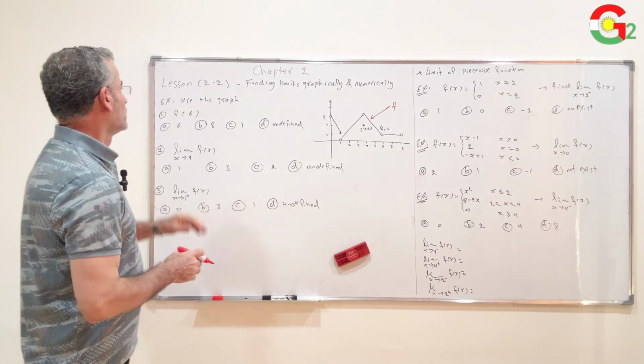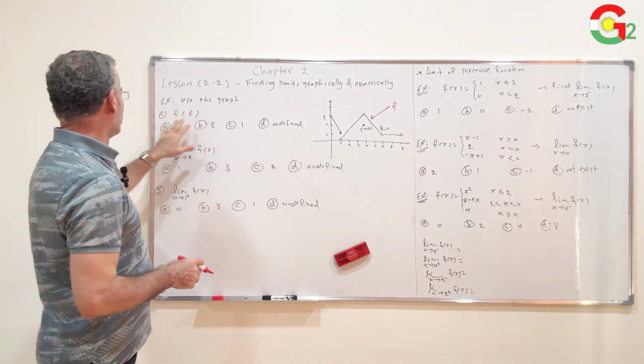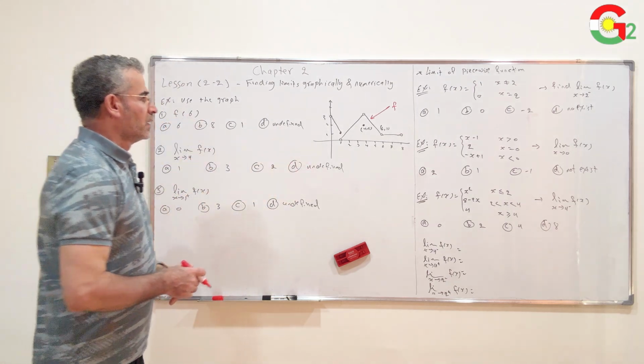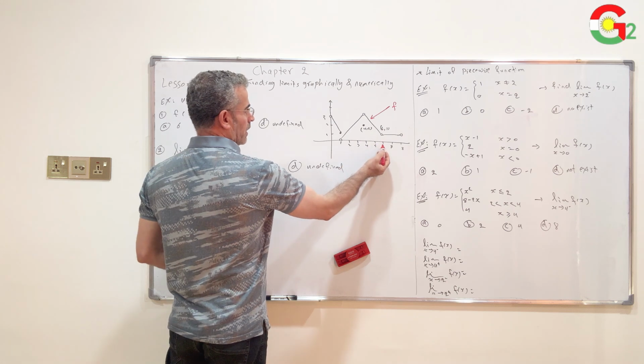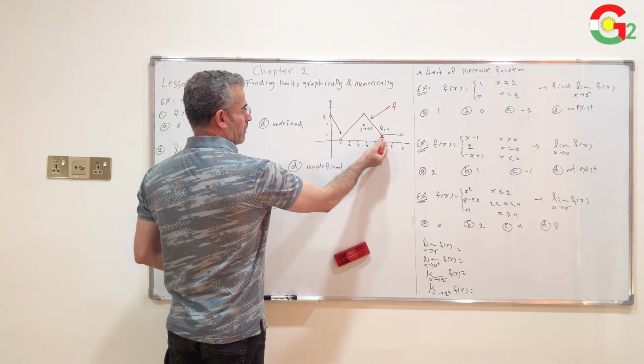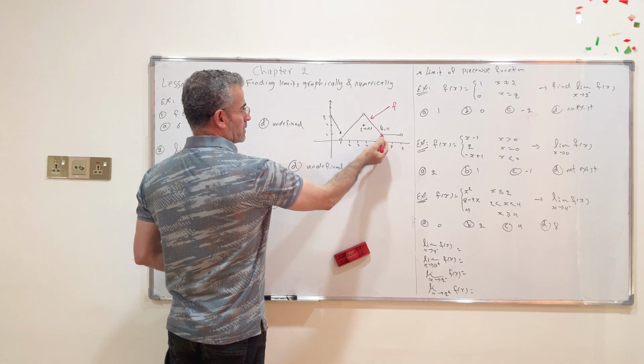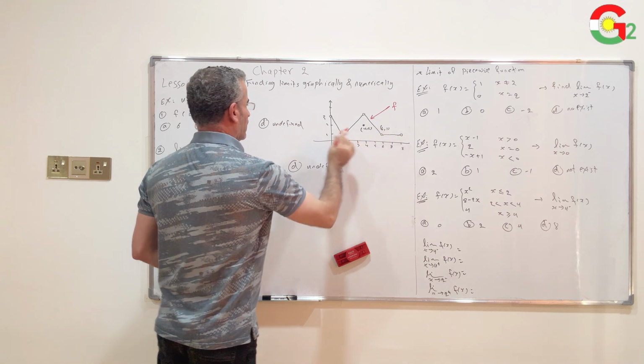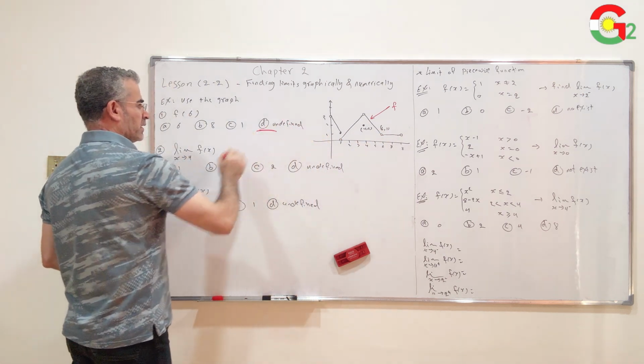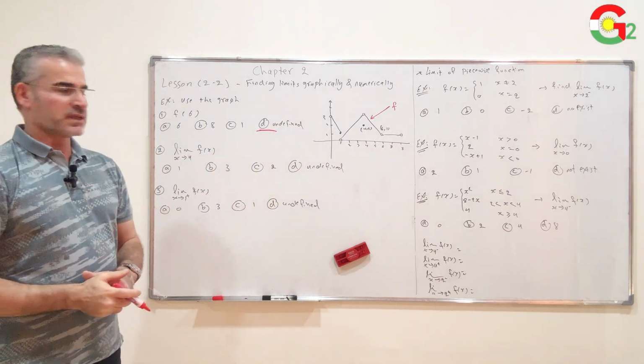Another example, use the given graph to find f of 6. F of 6, as you see, is a gap. When x equals 6, it is a gap and the function is not defined at 6.